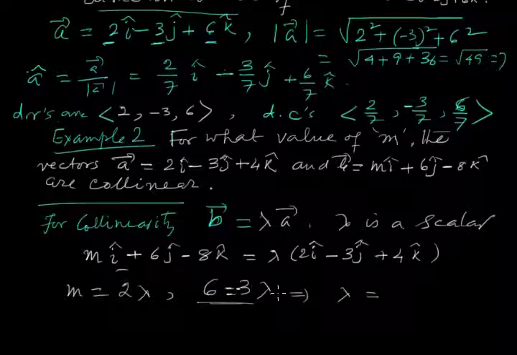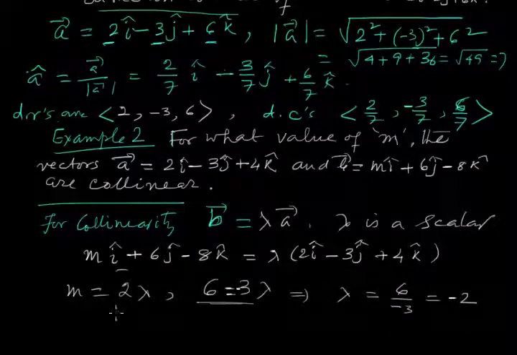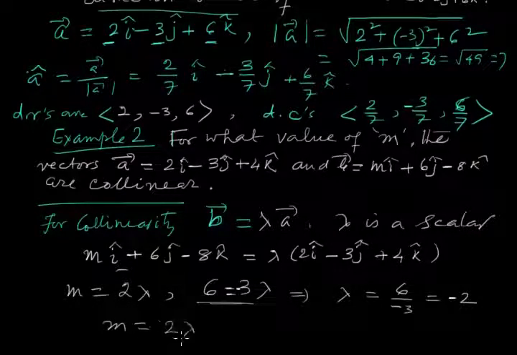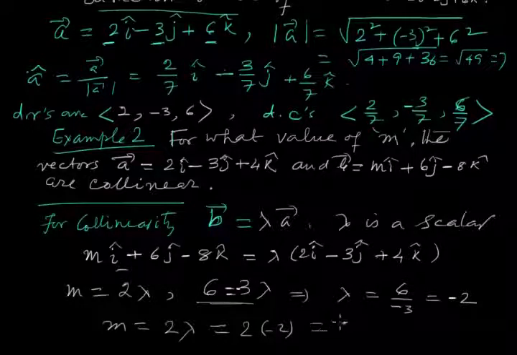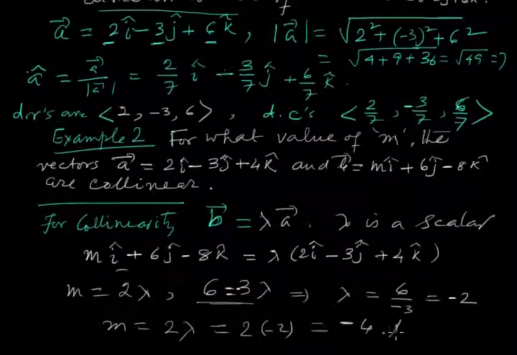So here we are getting lambda is equal to 6 by minus 3, that is minus 2. And here m is equal to 2 lambda. So m is equal to 2 lambda, is equal to 2 into minus 2, is equal to minus 4. So minus 4 is the value of m.